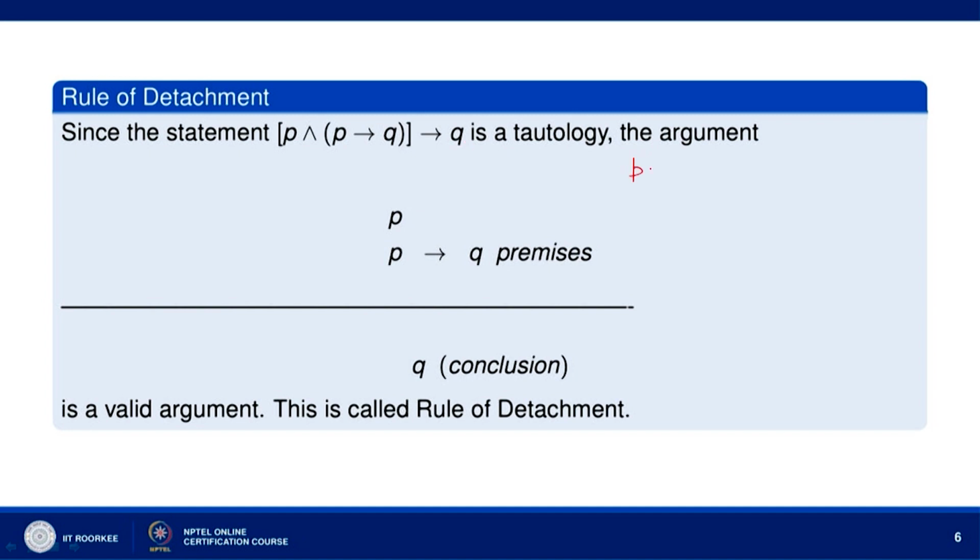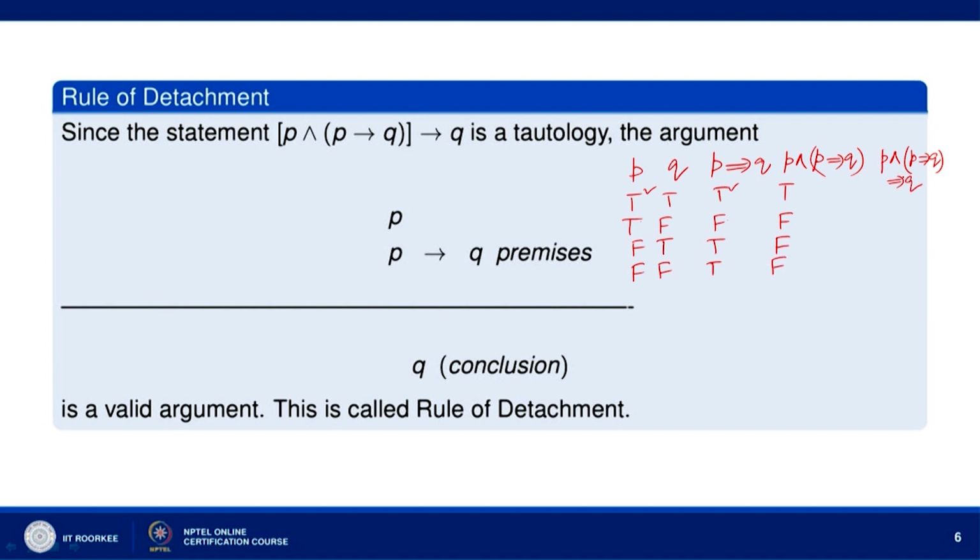We can see that P, Q, P and Q. Let us first say P implies Q, then we write P and P implies Q. And then we write the column for P and P implies Q implies Q. So, this is T, T, F, T, F, F. Then P implies Q, Tt gives T, Tf gives F, Ft gives T, Ff gives T. Then P and P implies Q. So, Tt gives T, Tf gives F, Ft gives F, Ff gives F.